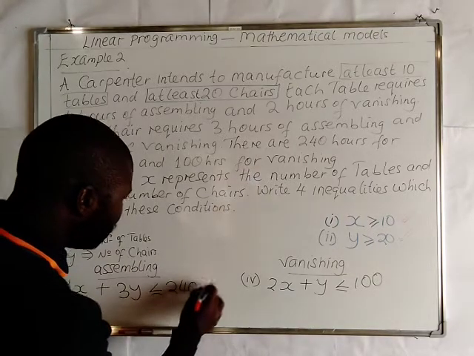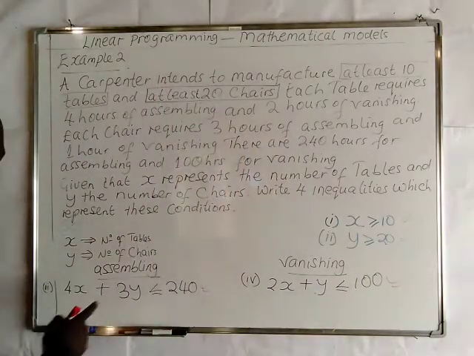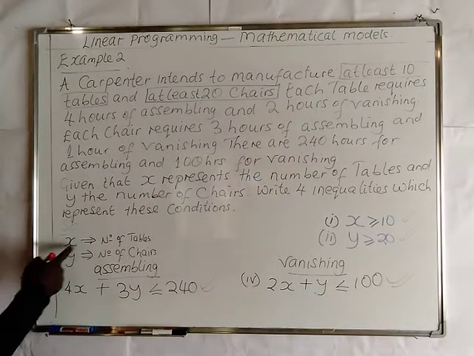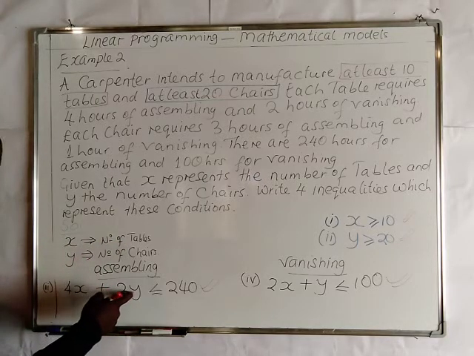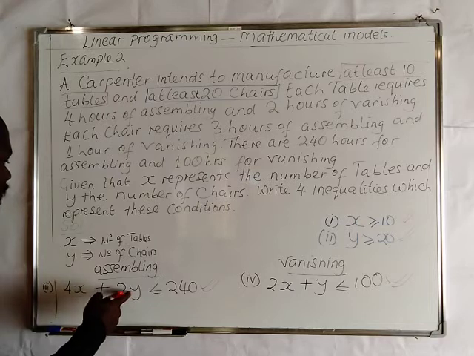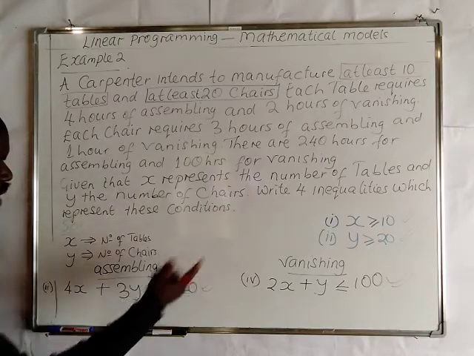This one is for assembling: each table requires 4 hours of assembly, each chair requires 3 hours, and there were 240 hours for assembly.